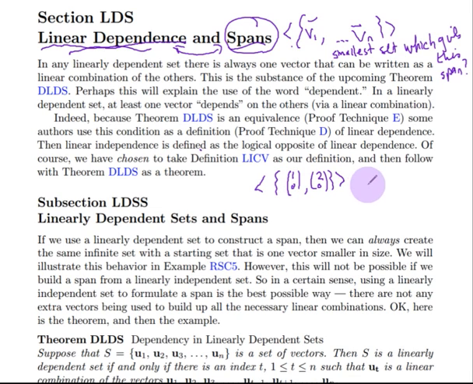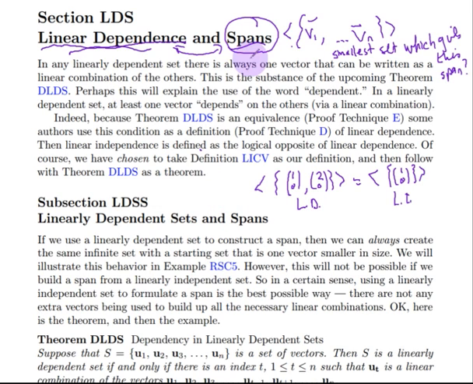In fact, this is the same thing as the span of the set {(1, 0)}. The (2, 0) adds nothing, because I can obtain (2, 0) from (1, 0) by multiplying by 2. So this set, (1, 0) and (2, 0), is actually linearly dependent, and this set here is linearly independent.